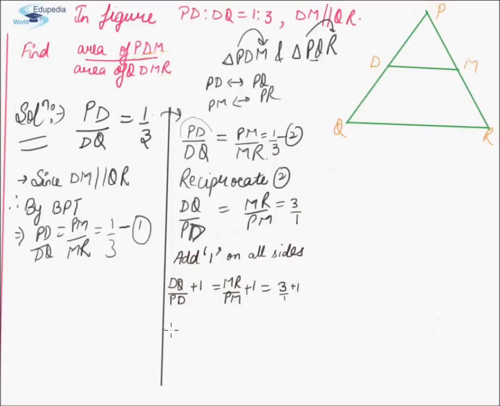Now on taking LCM, we have DQ plus PD equal to the LCM PM and MR plus PM, and here it will be.